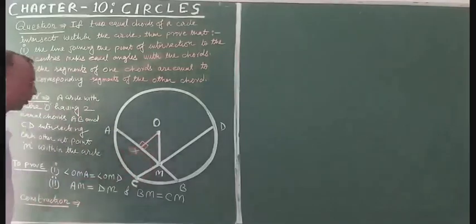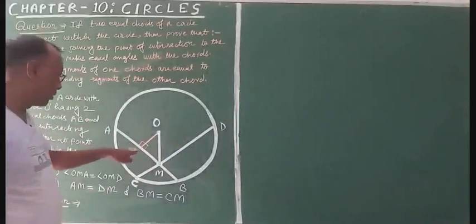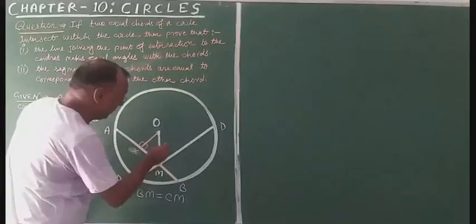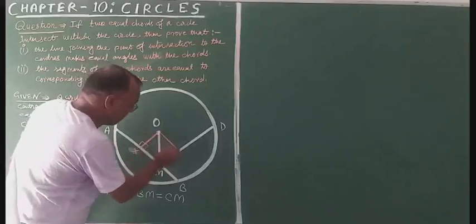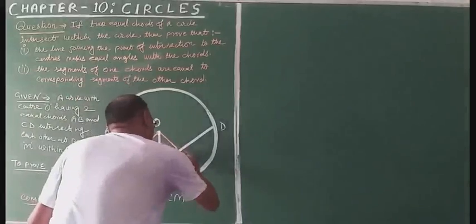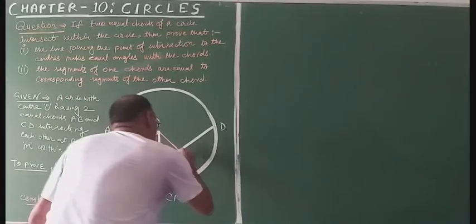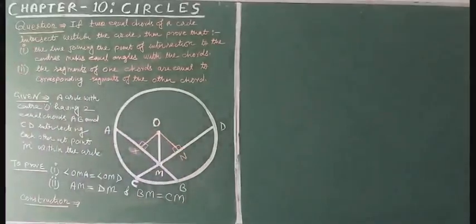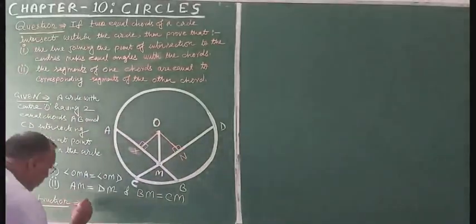OX is drawn perpendicular to AB, and ON is drawn perpendicular to chord CD.